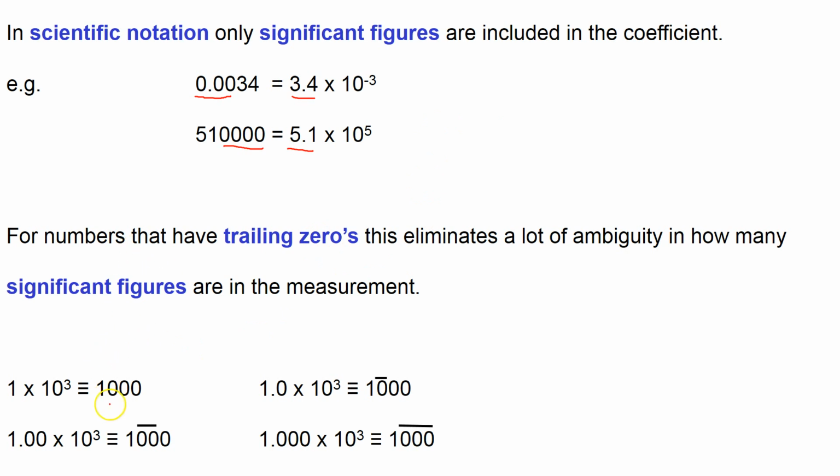So for example, if I want to write 1000 to one significant figure, I don't have to worry about overbars or decimal points. I can just put a 1 times 10 to the 3. There's one significant figure here in my coefficient, therefore my number has one significant figure. If I'd like to write this to two significant figures, I just make sure that my coefficient is written to two significant figures, so I just put an extra 0 there.